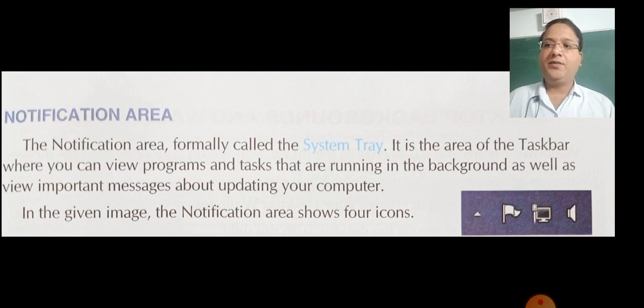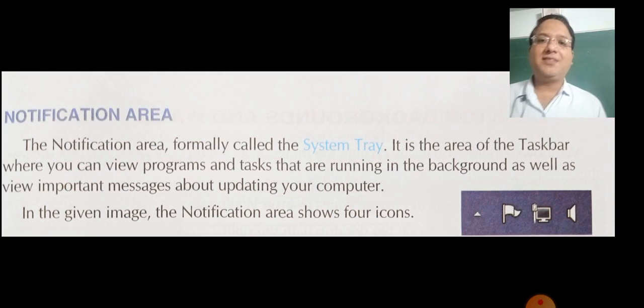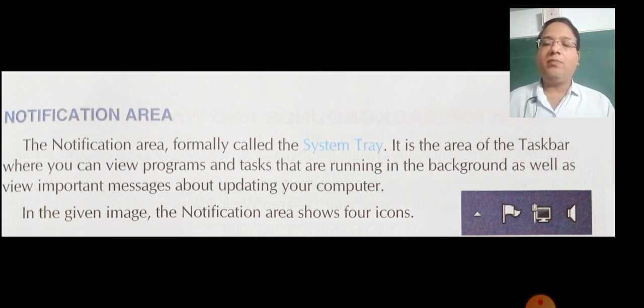Notification area. The notification area, formerly called the system tray. It is the area of the taskbar where you can view programs and tasks that are running in the background, as well as view important messages about updating your computer.